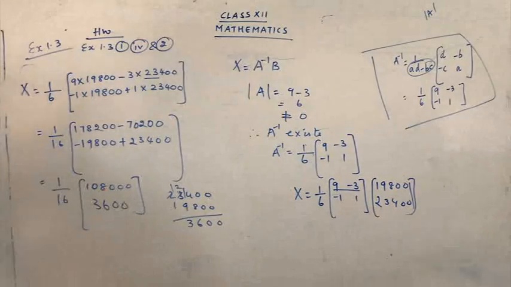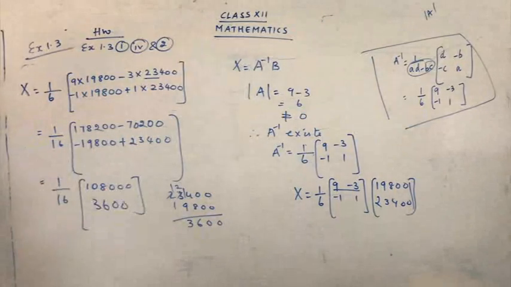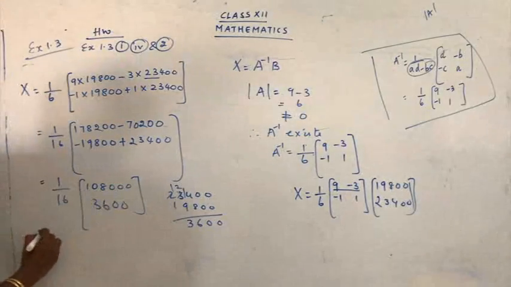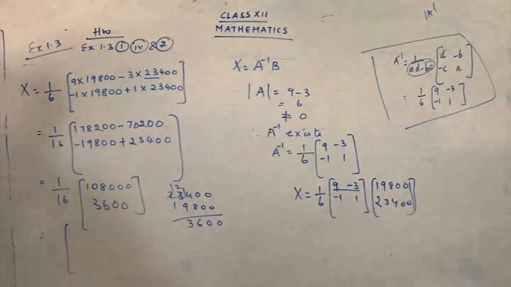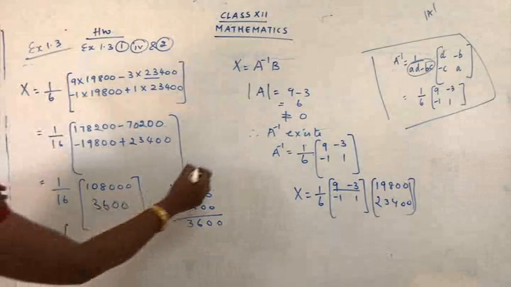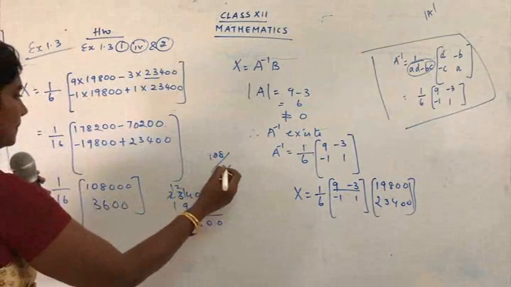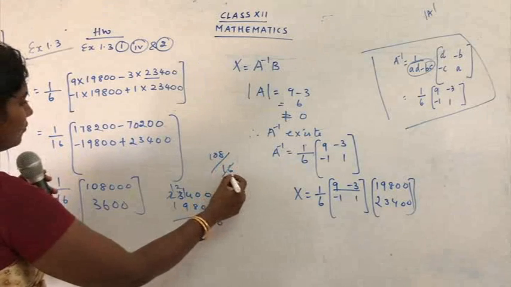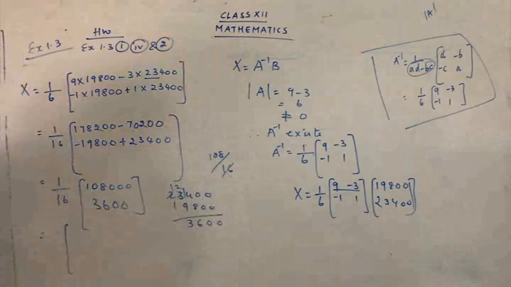So we have got 1,08,000 and 3,600. So just divide by 16. So when you divide by 16, 108 divided by 16. You can go by the 4 table or you can go by the 16 table, no problem.